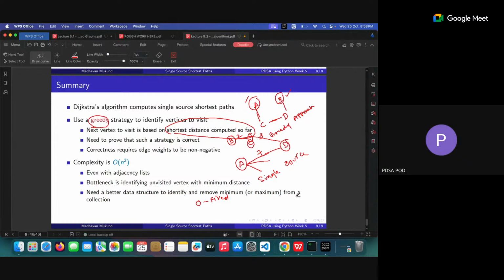Even if you find another shortest path from another vertex, like from 3, we don't choose it. We fix 0 as the source. That's the reason we call it a greedy approach. We don't change the source which was already started.